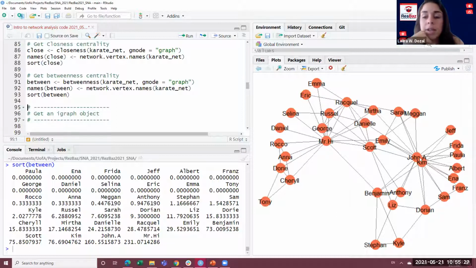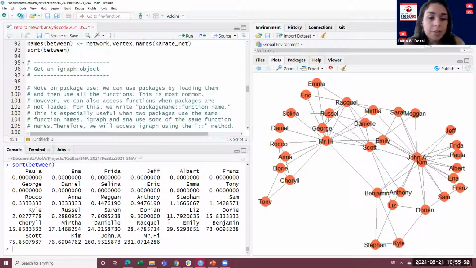And the same with John A, and Kim: people need to go through them to get to other parts of the network. So these are how we can look at different centrality measures and what they might mean for our research and analysis. All right, let's go to the next section.